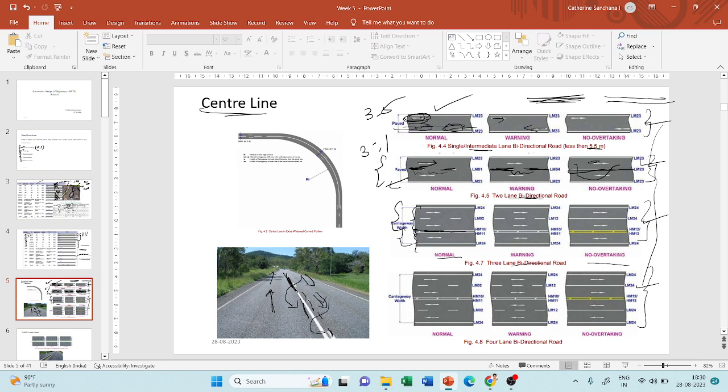So if you see this road, you may think that it does not have any issue. Why? Overtaking action is mostly restricted when there's not enough overtaking distance to make the overtaking action, right?